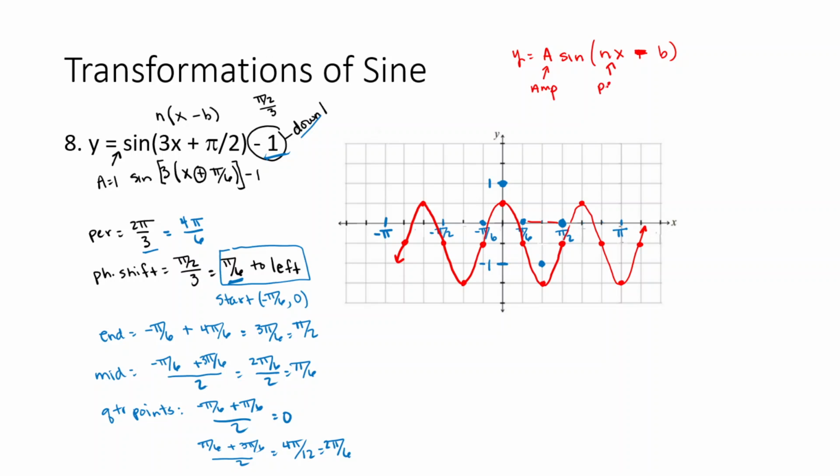My period is 2 pi over n. And my phase shift is b over n, because I have to divide that out. Okay, so hopefully that helps you a little bit see how these transformations of sine work.